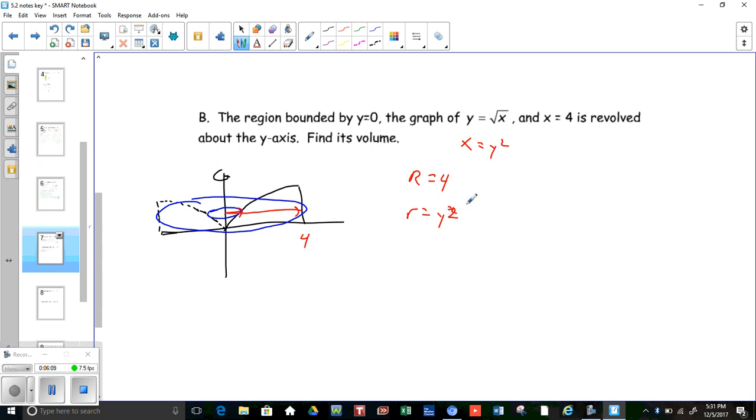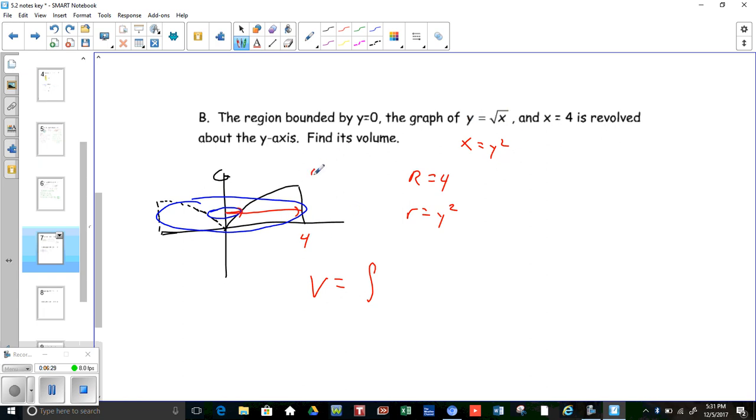All right, so let's erase that. So this is going to be a volume of integral from, now we do have to figure this out going up to here. If I plug 4 in for x into this, I'm going to get out y is 2.